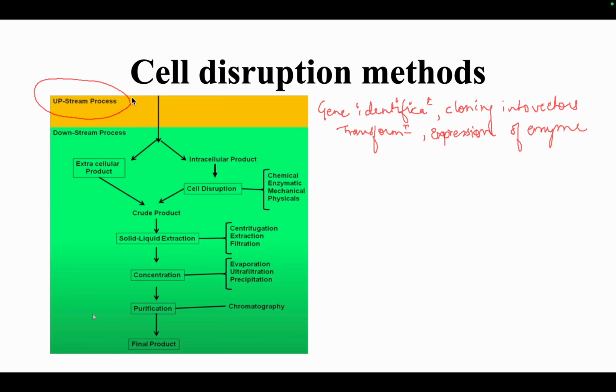And now when you get optimal expression levels of your enzyme, the downstream processes begin, which includes either the protein can be an intracellular protein, that is, it could be present in the cytoplasm or different organelles, or you have an extracellular protein, that is, it could be secreted in the supernatant where you are growing the culture.